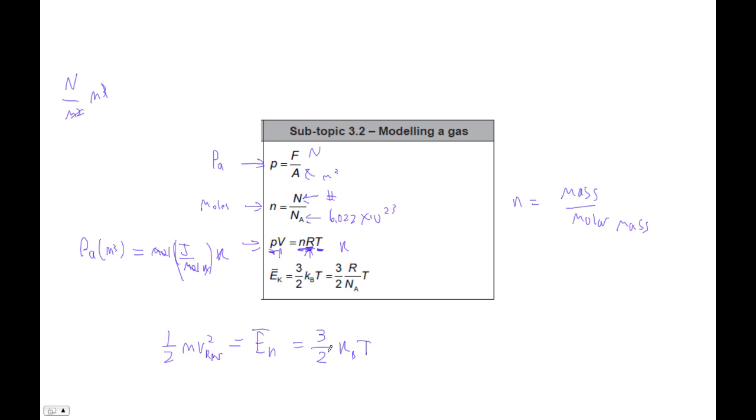This is interesting because the 1/2 sort of comes from the 1/2 mv squared. The 3 comes from there being 3 degrees of freedom for a monatomic gas. That is, it can move in the x, y, and z directions, right? And this changes if it's a diatomic gas. Golly, I want to say it's like 5 or something like that, because a diatomic gas can also rotate.